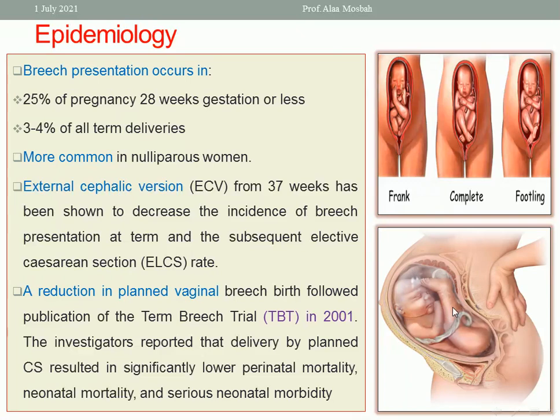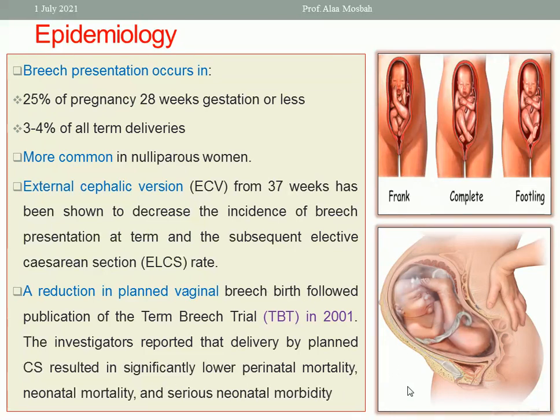It is more common in nulliparous women. External cephalic version from 37 weeks causes a decrease in the incidence of breech presentation and also decreases the elective cesarean section due to breech.